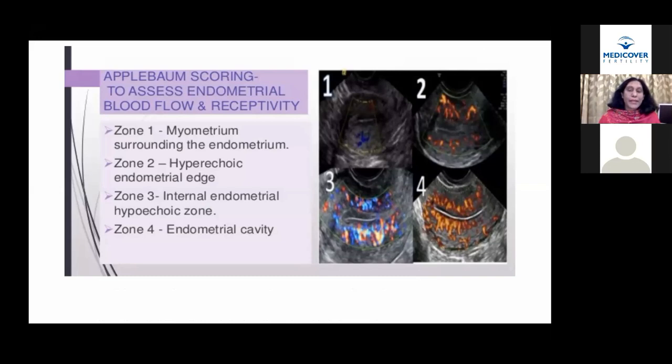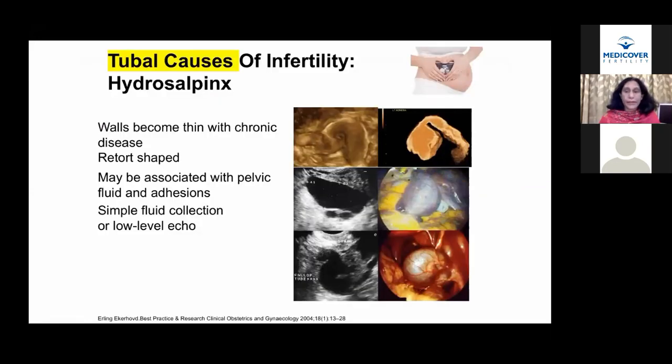It is based on the zone where the flow is going. If it is going to zone 1, that means the myometrium outside the endometrium. If it is going further inside, then it is zone 2, the hyperechoic endometrial edge. If it is zone 3, it goes to the internal endometrial hypoechoic zone. And if it is going up to the endometrial cavity, it's zone 4, which gives a better chance of fertility.